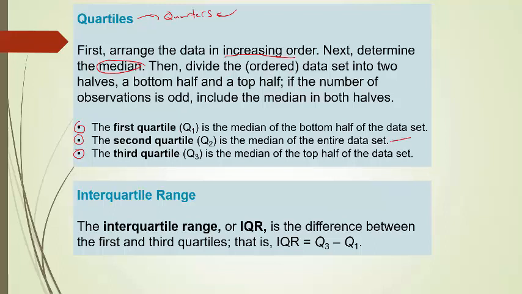The second quartile, which we denote as Q2, is the median of the data set. The median is the value for which half the data is below and half is above. When you think of 2 quarters, you think of 50, so that makes sense. Then the first quartile is the median of the bottom half of data. So it's the value for which 25% of data is below.